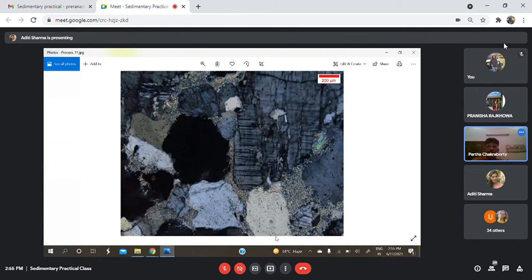Sir, when we do matrix estimation, will we only count the photomatrix? When you are doing the eye estimation of this slide, suppose I feel that the matrix percentage is 10 to 12%.